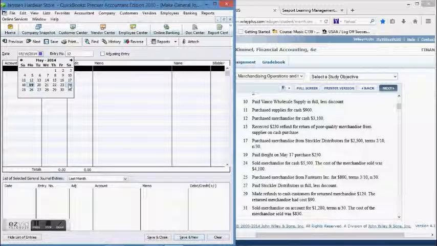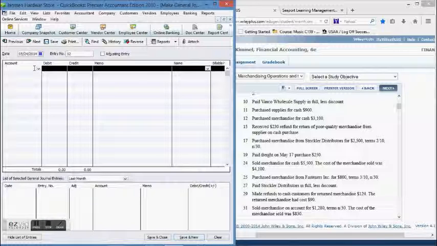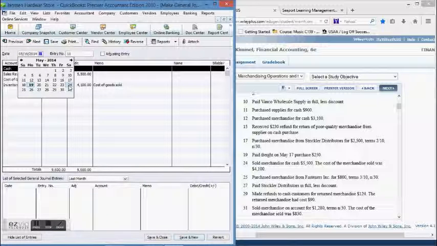Next, May 25th. Purchase merchandise from Fasteners Incorporated for $800. Terms, 3/10 net 30. Go ahead and put that in. Oh, I forgot to change the date. Or rather, I put a date.